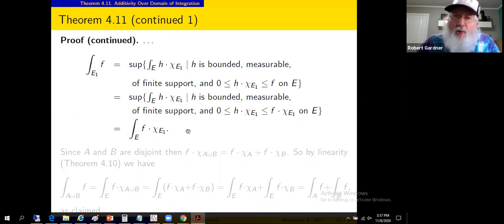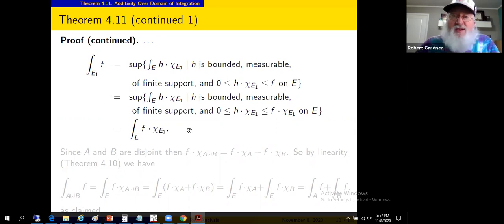This is problem 4.10 for the class 2 of functions, which is what we've shown. We've established that the integral over a subset can be computed using characteristic functions.